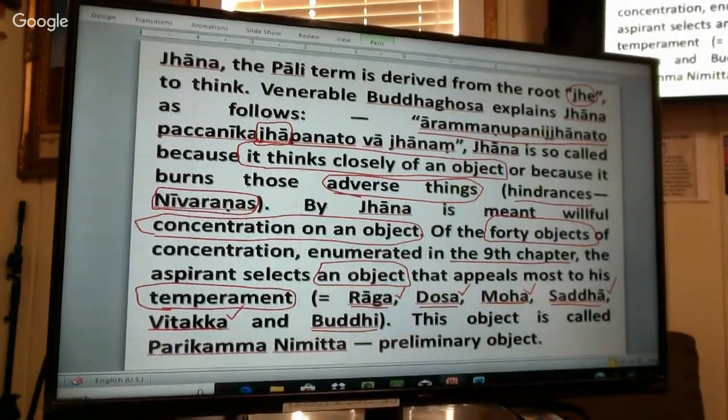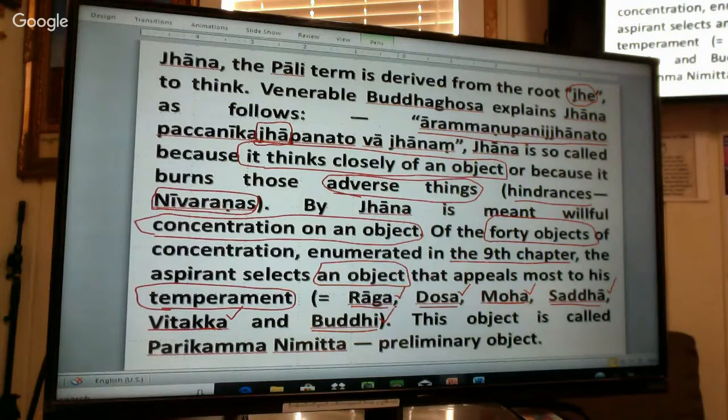And for Buddhi, it means a kind of wisdom: before doing something, they think about many things. That person's nature is like this.